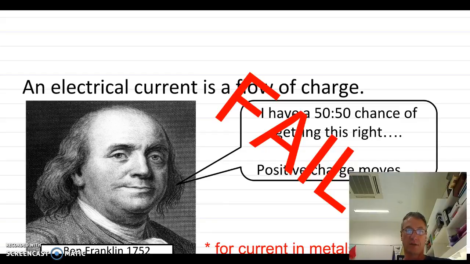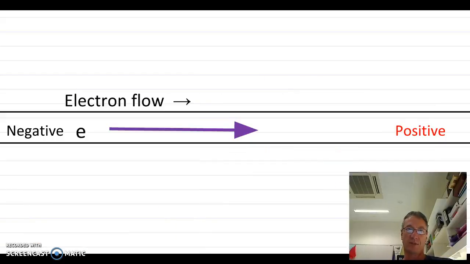The problem this means is that charge really flows from negative to positive, because the electrons are negatively charged, so they're going to want to migrate towards positive charges. So the flow in a wire is from negative to positive.